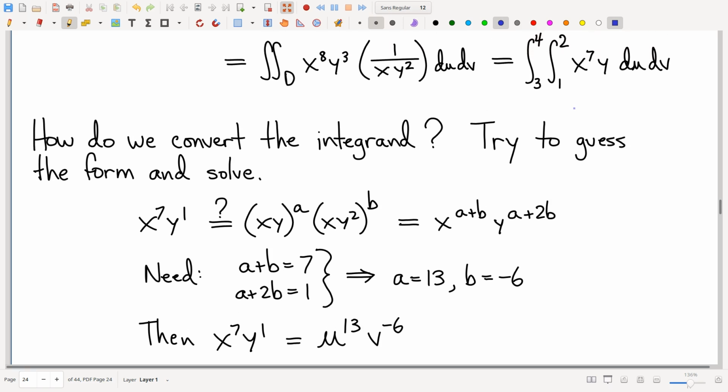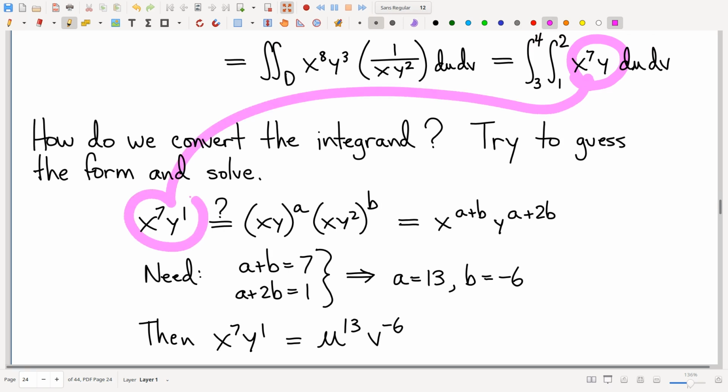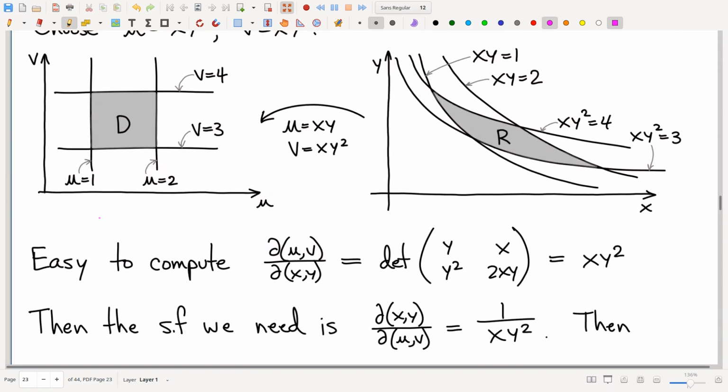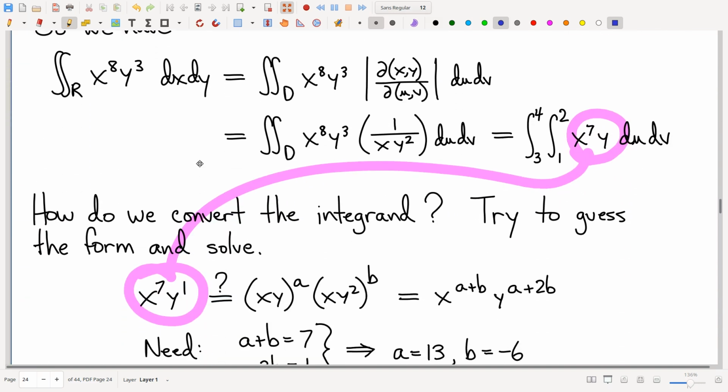I look at the expression that I have, and I think to myself, all right, that's a product of powers of x and y. Wait a minute, what do I need it in terms of? I need my answer in terms of a product of powers of x and y and another product of powers of x and y.